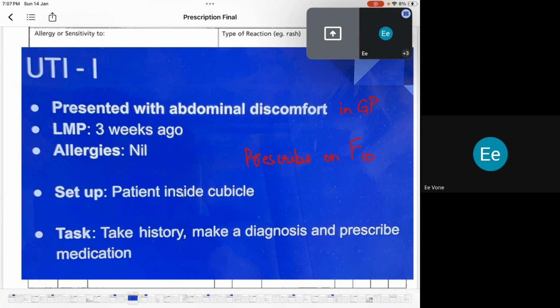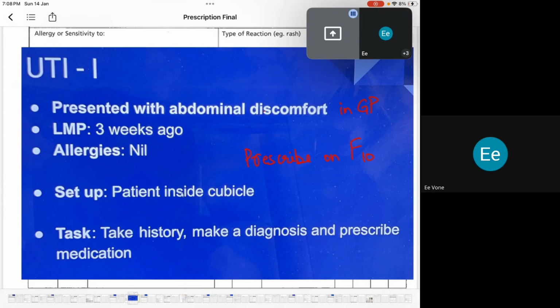Okay, I'm suspecting that you might have a condition called urinary tract infection, which means there's an infection in your private part, the part you pass urine from. However, I need to ask you more questions just to select the right drug for you. Are you okay with it? Yeah, that's fine, doctor. Okay, I can see that your last menstrual period was 3 weeks ago. Can I ask, is there any chance that you are pregnant?